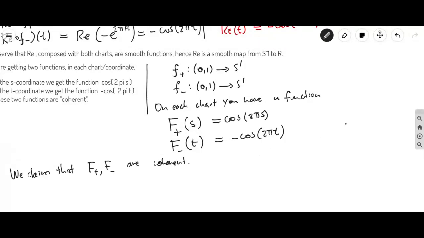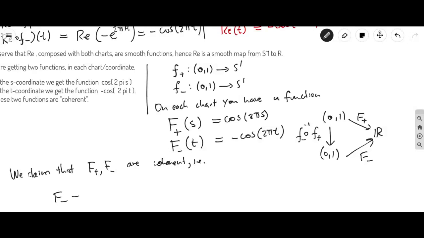So what do we mean by coherent? It would just mean that we're mapping 0, 1 into R by using this function, and we're mapping 0, 1 into R by using the other function, but we also have the change of coordinate function f plus composed with f minus inverse. So that would mean that the diagram commutes.